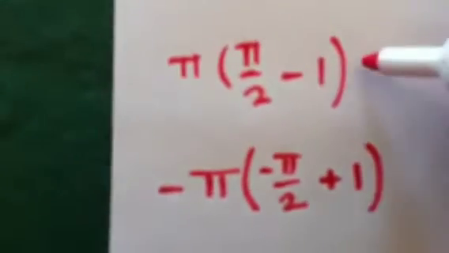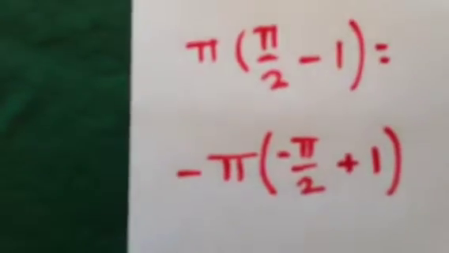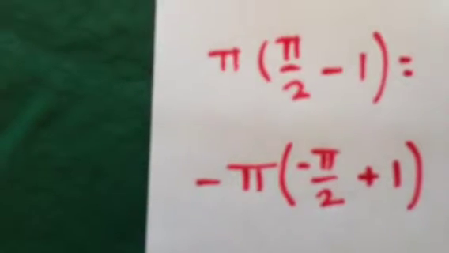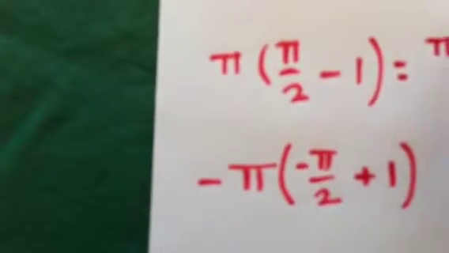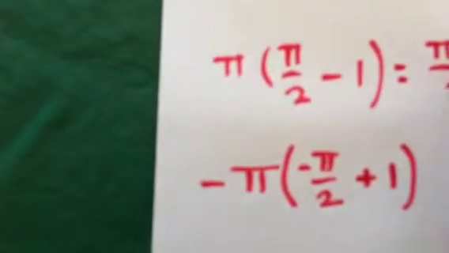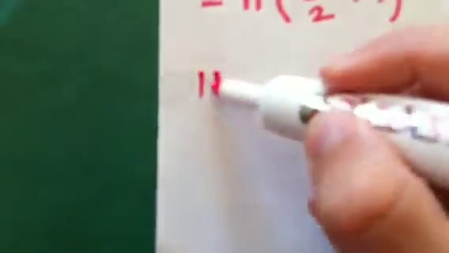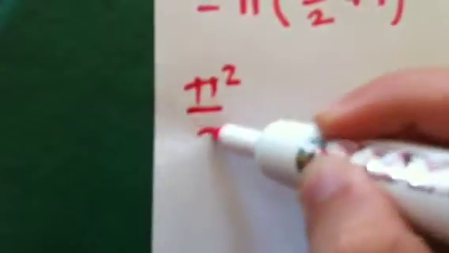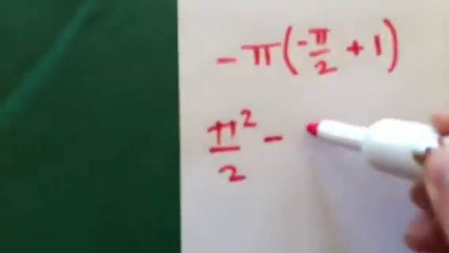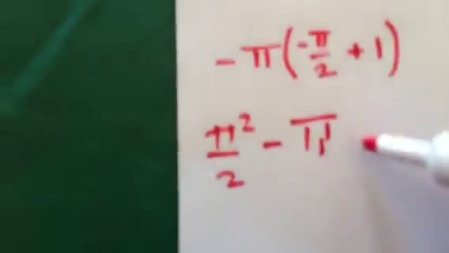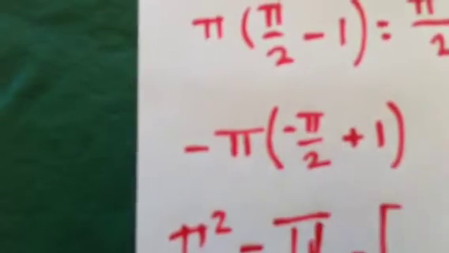And let's see, this equals pi squared over 2 minus pi. So we have pi squared over 2 minus pi, minus the quantity pi times negative pi, which is still going to be negative pi squared over 2.